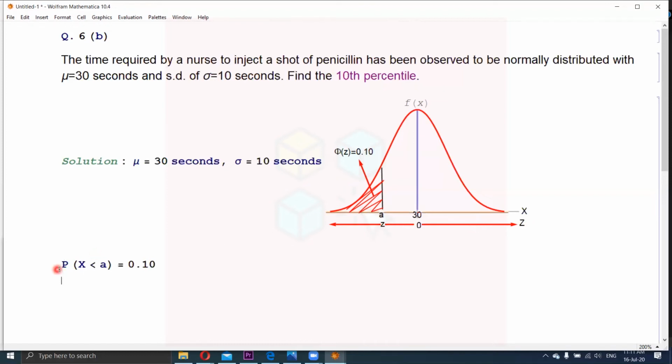So we can write it here. Probability X less than A is given as 0.10. We will convert it to probability Z, capital Z less than A minus mu, and mu is given as 30, divided by sigma, and it is given as 10.